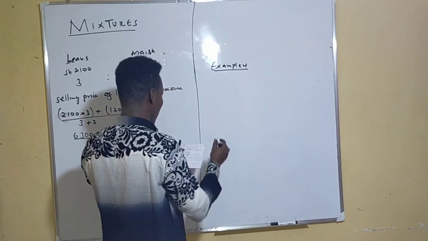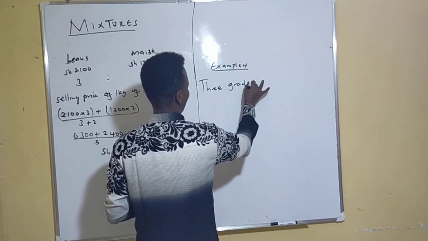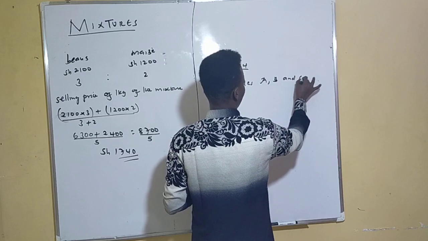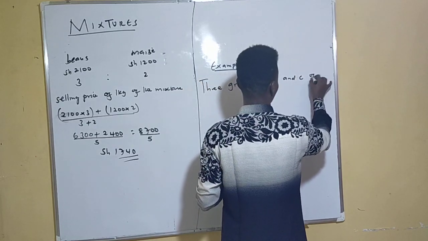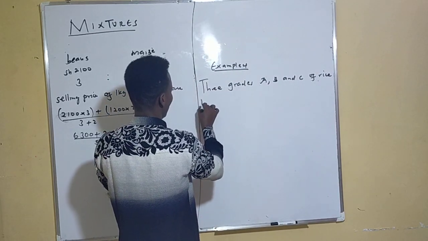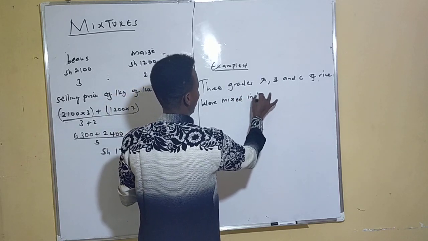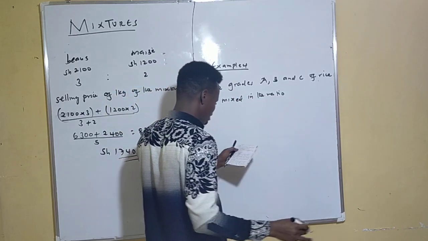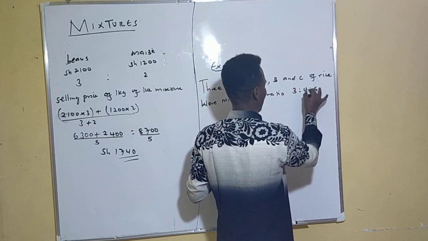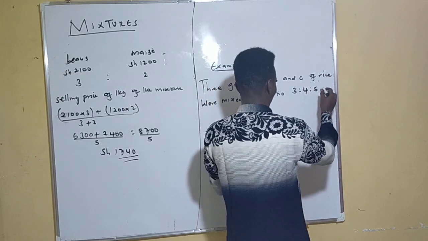You are told 3 grades, A, B, and C of rice, were mixed in the ratio 3:4:5.